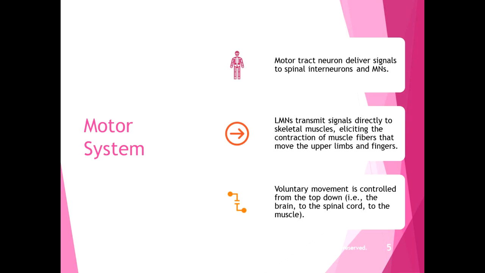Yay, right? That's what we wanted to do. Voluntary movement is controlled from the top down. It goes from the brain to the spinal cord to the muscle. We go from that anterior frontal lobe to the spinal interneurons to the lower motor neurons, which take it out to the neuromuscular junction. So there's no bottom-up control on the muscles. It's all top-down control.